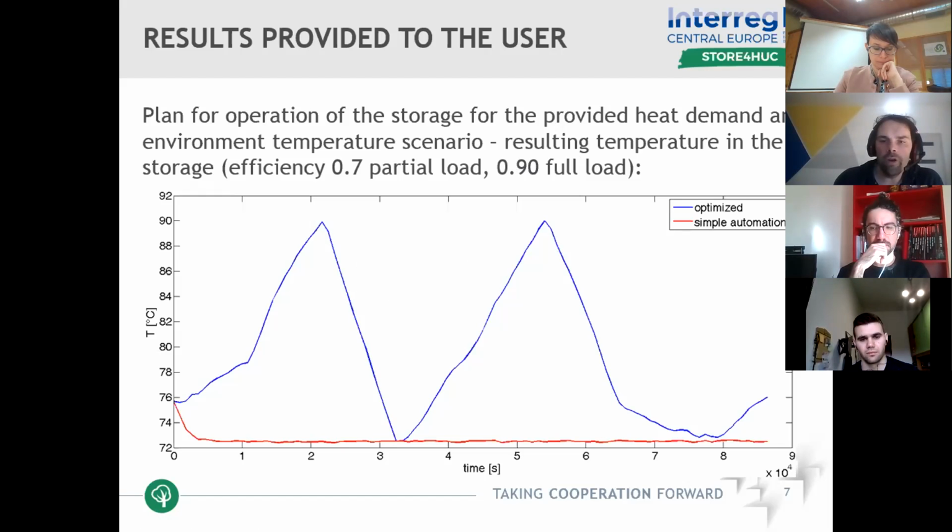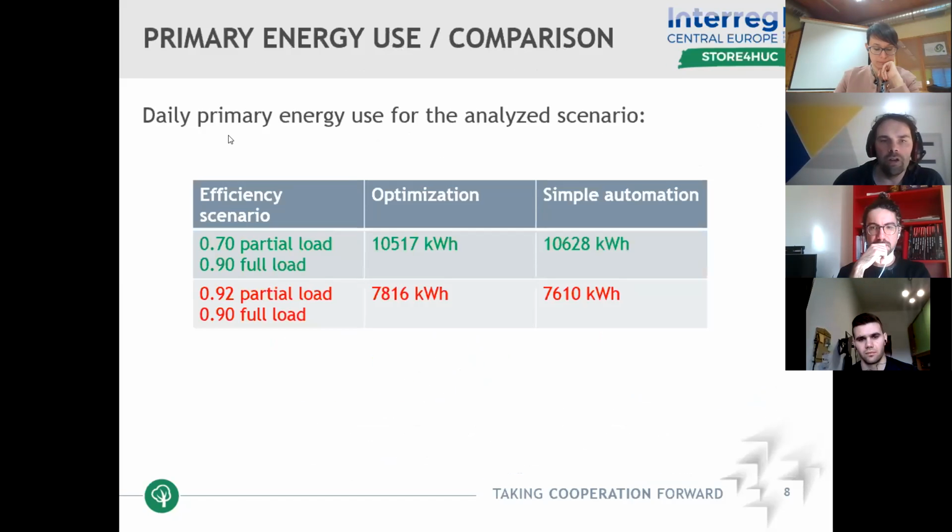Okay, and now just to see for the two different scenarios with efficiency, what we get currently as a result of optimization. We are still not completely satisfied with how the optimization is run, and consider that these two numbers at the end will be even lower, because we see from the results that the optimization procedure can still give better results.